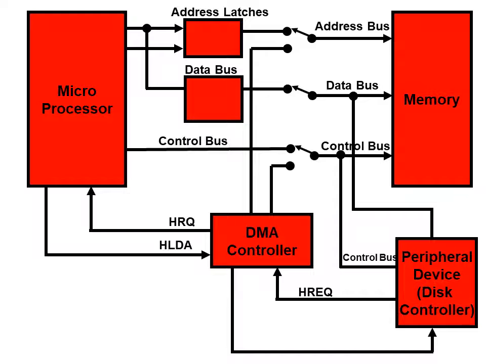Now it will provide the address for transferring the data, and the data transfer will be performed by the DMA controller between memory and IO device.